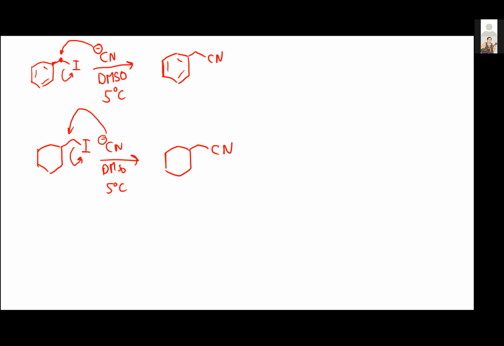Well, if we think about the transition state, iodide's leaving, cyclohexyl, 2 hydrogens, cyanide's coming in. So I'm looking at that thing, and here we've got a very similar transition state.